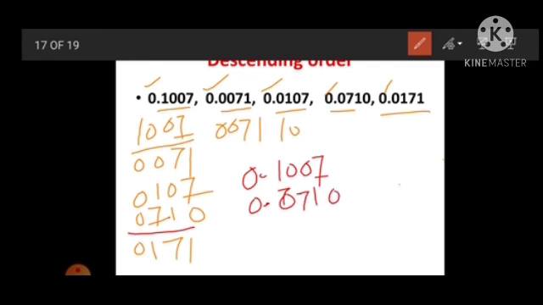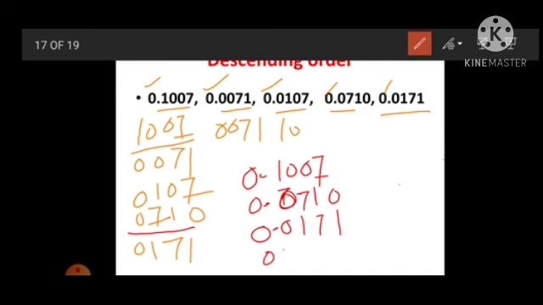Now next one. Now 0107, 0171. Now the third place, 7, 1. Which in descending order is the biggest? 0.0171.